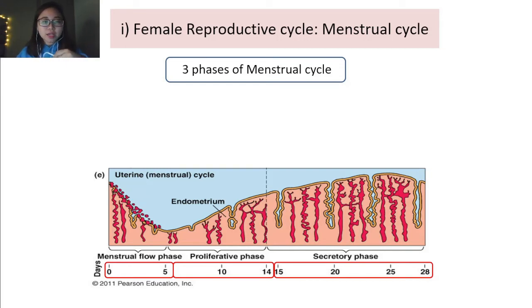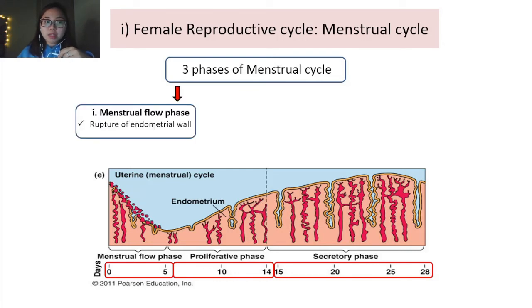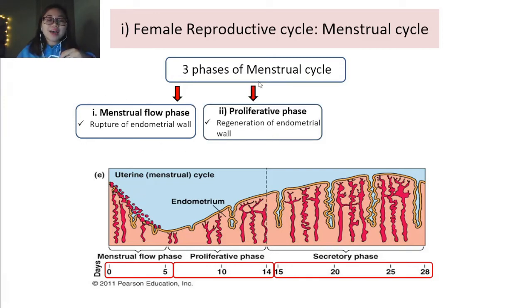The menstrual cycle also has 3 phases. The first is the menstrual flow phase, which is the rupture of the endometrial wall. This is when a woman bleeds, when her period comes. This is your period. The second phase is the proliferative phase, which is regeneration of the endometrial wall.